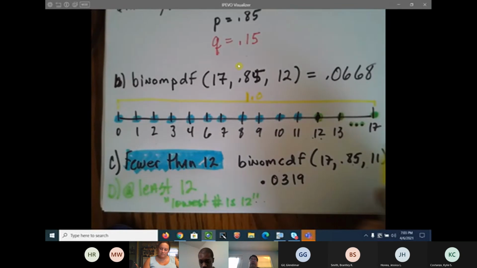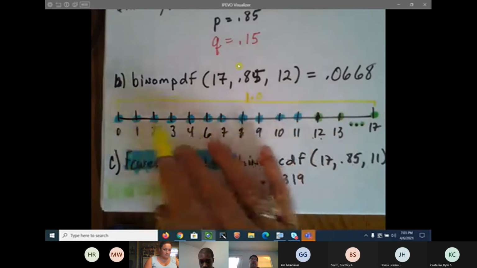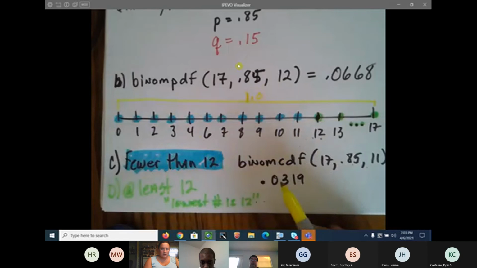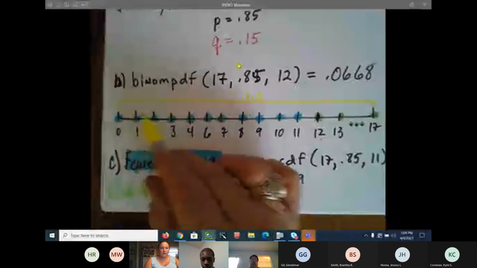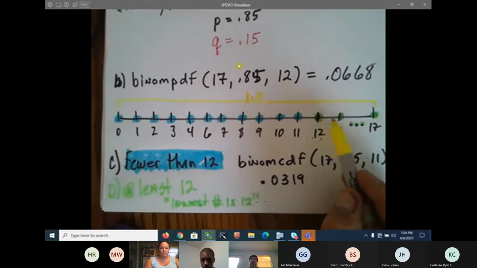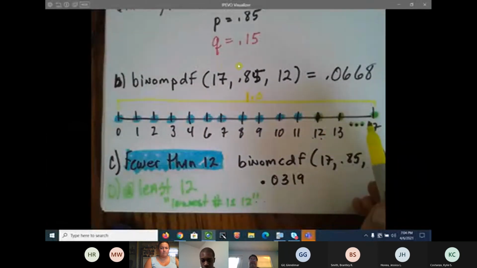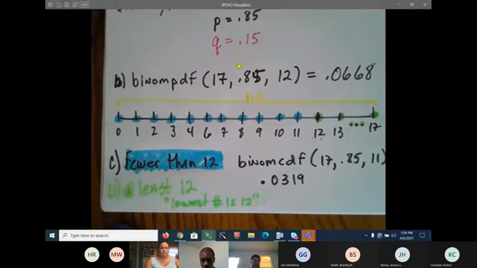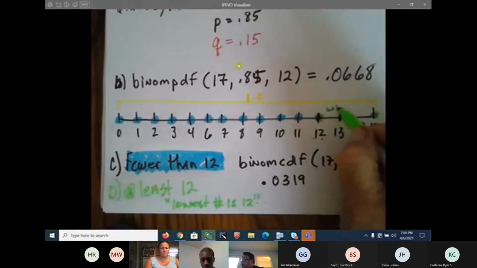Somebody tell me what the probability of the blue is. 0.0319. That's the blue, right? What is the green? What's left. The green is what's left. Does everybody agree with that?